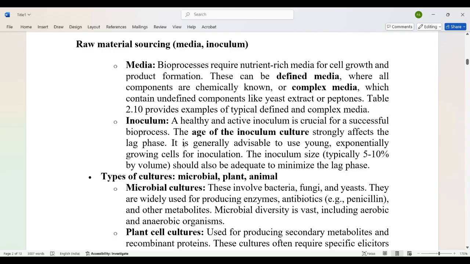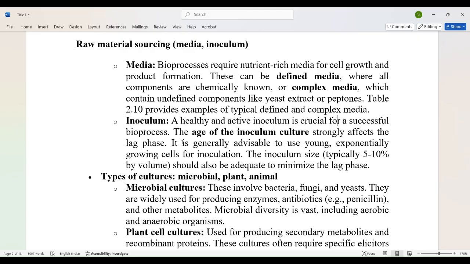Now inoculum, that is the bacterial culture. So the age of the inoculum culture strongly affects the lag phase. Now I hope you all know the basic bacterial growth curve.